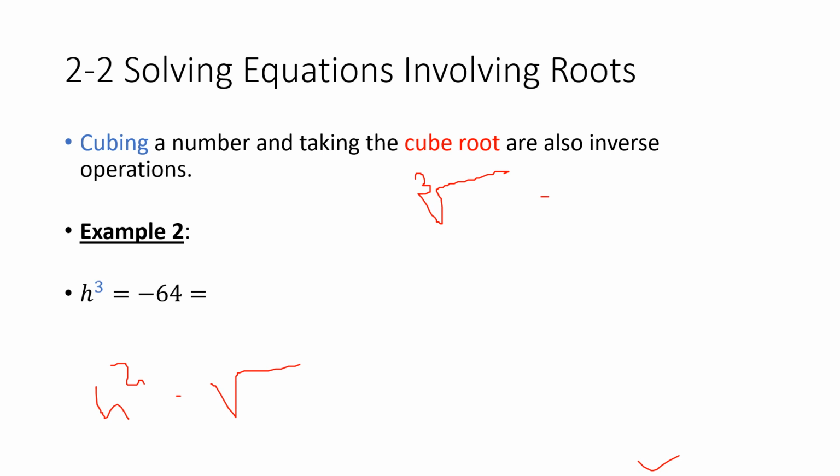And remember, on your calculator, this is going to be the second and 0 buttons. You're going to solve this the same way. You're going to take the cube root of both sides, because there's a little 3 there this time. It's not squared, it's cubed. Let's take a look at what this looks like on the next slide.